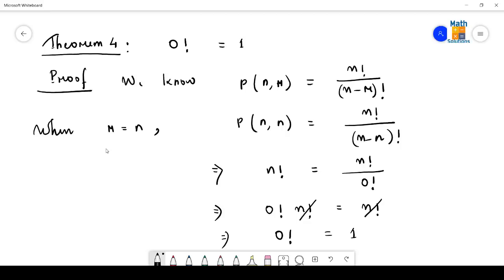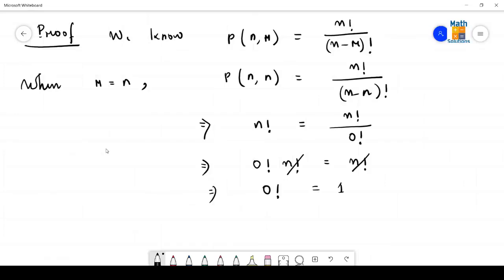So this thing is to be remembered for further calculations. It's very important. So hence proved. This is an important result. So with this, I am going to discuss 2 more questions after these theorems.